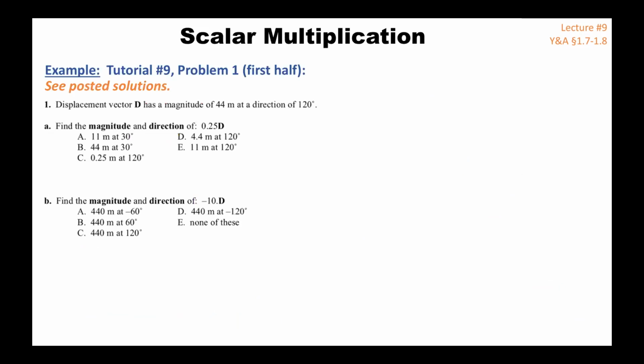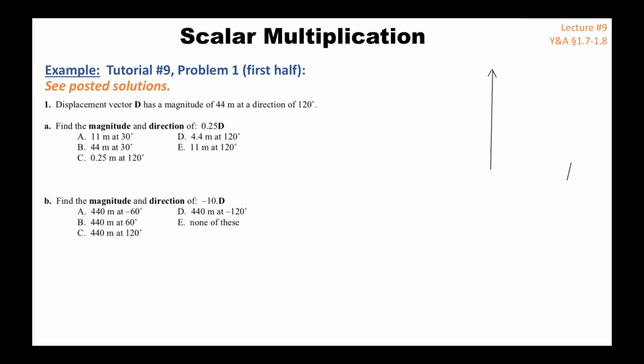Okay, let's do a couple of examples here with scalar multiplication. Suppose that we have a displacement vector that has a magnitude of 44 meters and a direction of 120 degrees. So 120 degrees is up in the second quadrant.